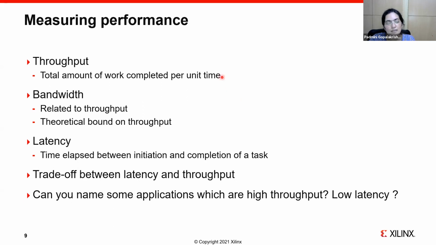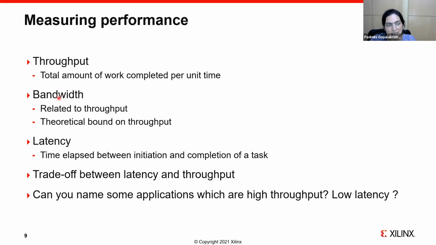Or if you think about a database, the number of queries per second. All these are measures of throughput, and depending on your application, the units that you would use for that are different. But broadly, throughput refers to the amount of work completed per unit time.